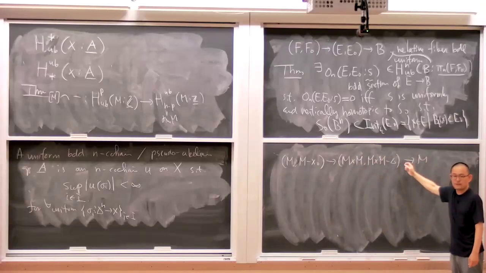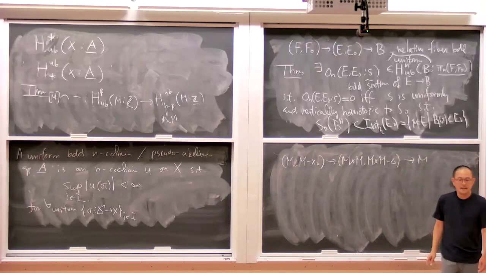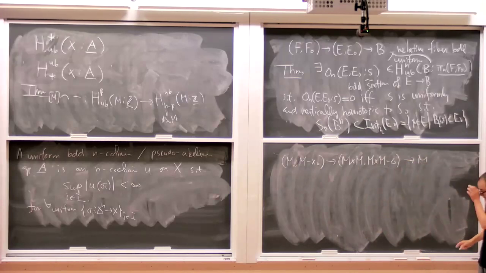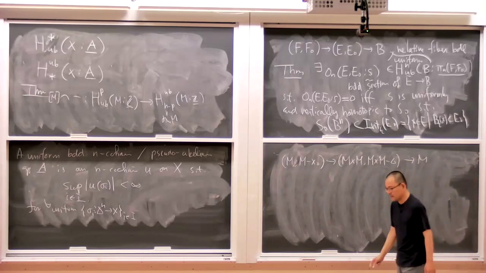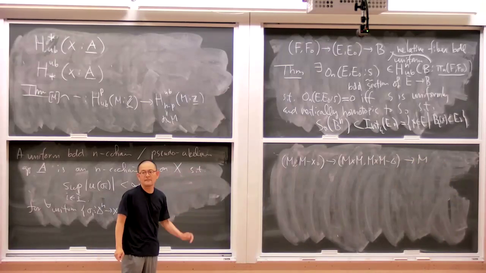Here, this is the first projection. This is the relative Fadell-Neuwirth fibration. Of course, delta is the diagonal set. And if M is a uniform manifold, this is a uniform relative fiber bundle, so we can perform the obstruction theory like this.